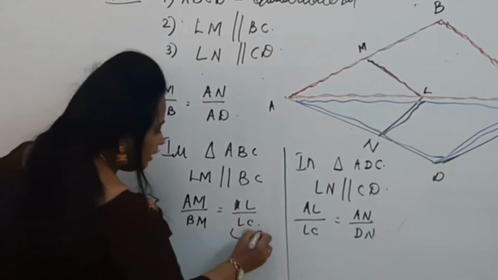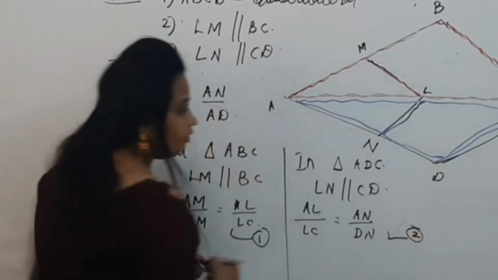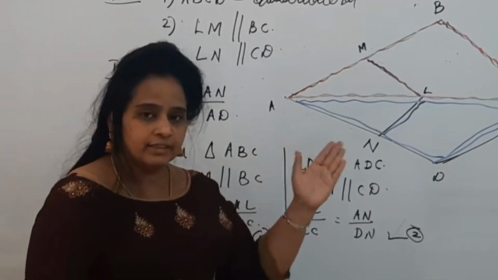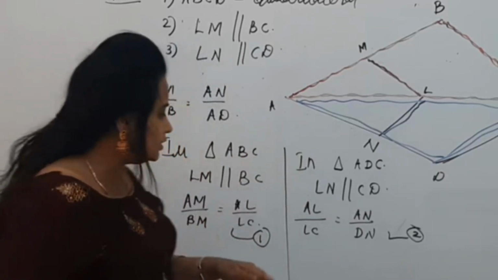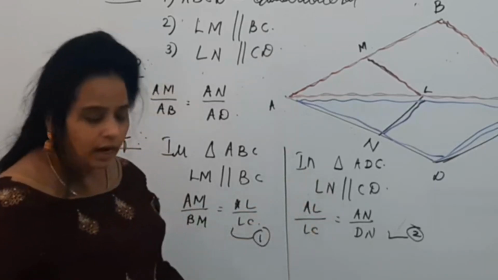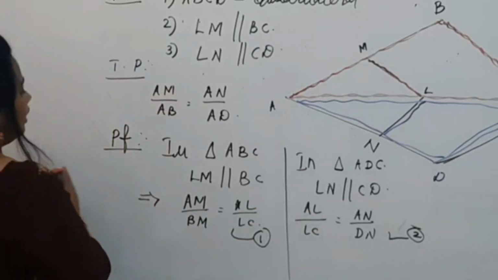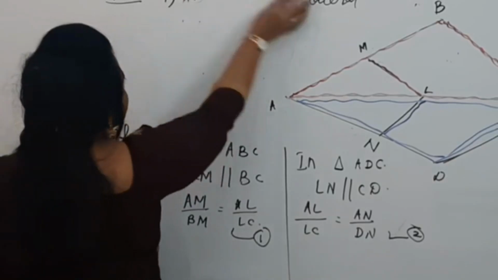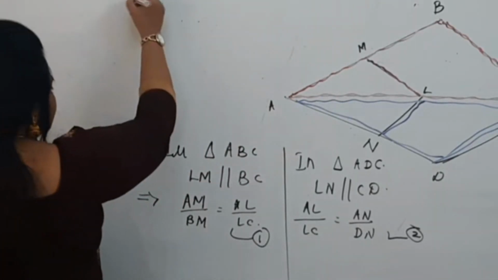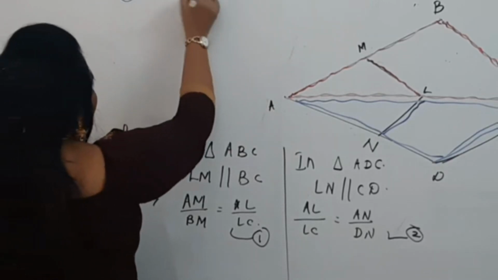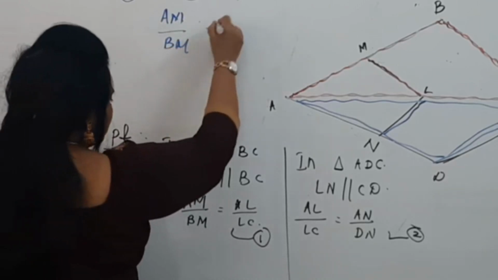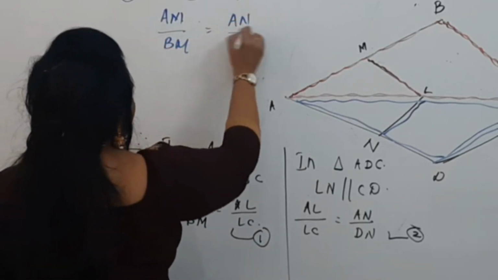Now in the Thales theorem video we have seen that if the left hand sides of both equations are equal, automatically the right hand sides will be equal. Now see, AL by LC and AL by LC, these two are equal. So I can write AM by BM is equal to AN by DN, from 1 and 2.